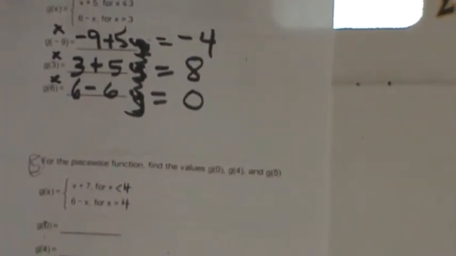All you have to do for problems 4 and 5 is find the correct piece, put the x in that piece to find y. So taking a look at number 5, we have x plus 7 for the x is less than 4, and 6 minus x for the x is greater than 4. So where are we going to put 4? I'll explain that in just a minute.